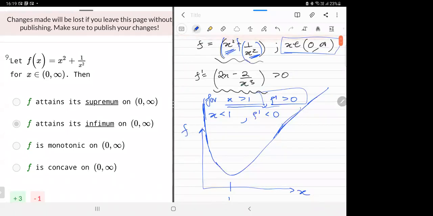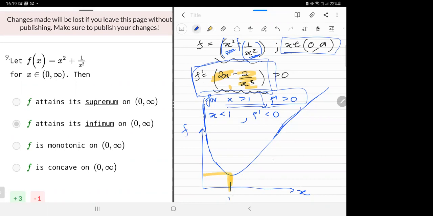But I know that f prime equals 0 happens at x equals 1. If you substitute x equals 1, you will get f prime 0. So this point is your minimum.